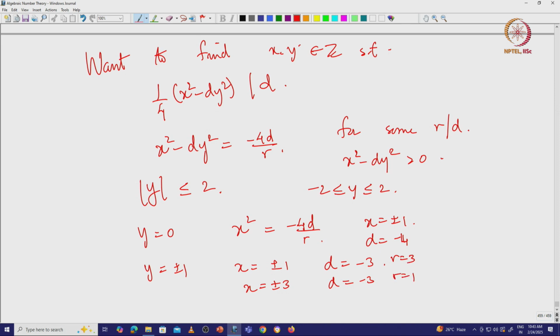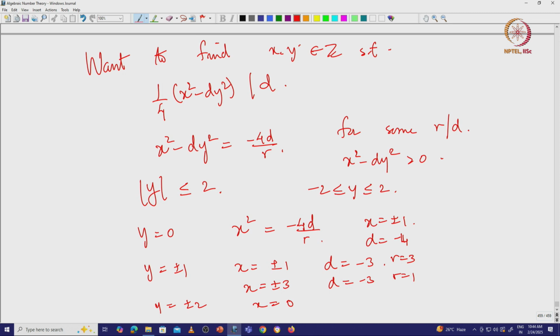Or you could have y is equal to plus minus 2, in which case x is equal to 0, because again otherwise you can't have x squared minus dy squared equal to 4d by r, and in this case d can be whatever it can be, right. It is there is no restriction on d as such.